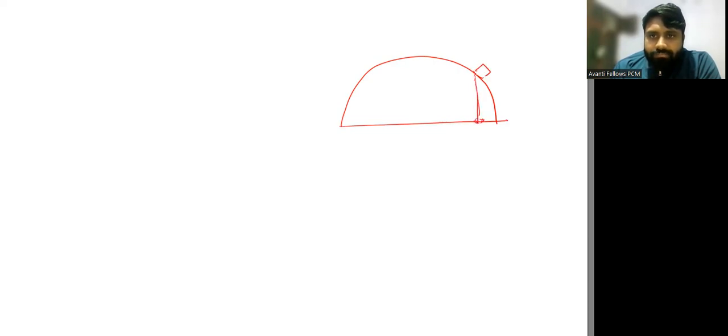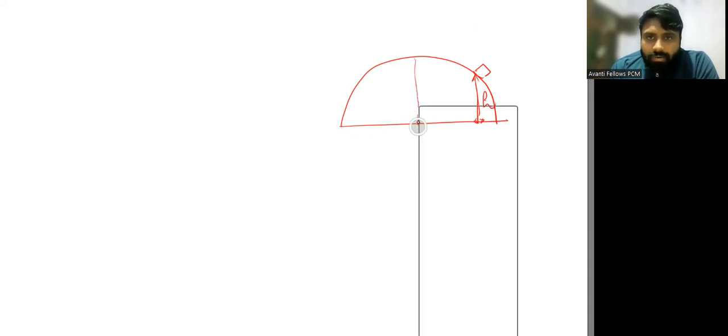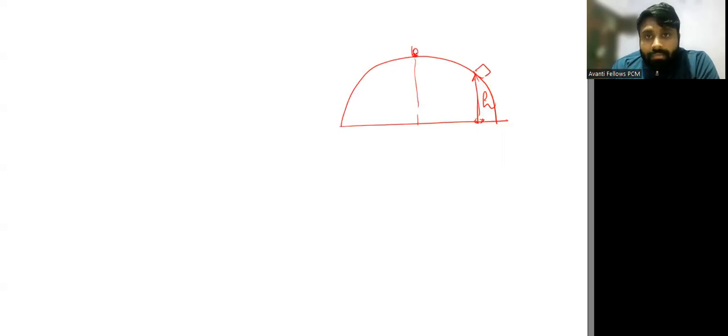Now, this is the hemisphere, let's say. Here the detachment has happened. This height is h. And initially the block starts from here, let's say at rest. The reference line for potential energy we have taken is this. This is the reference line.